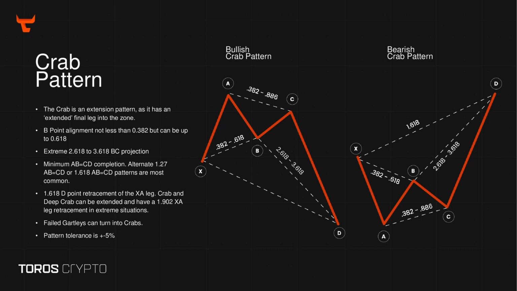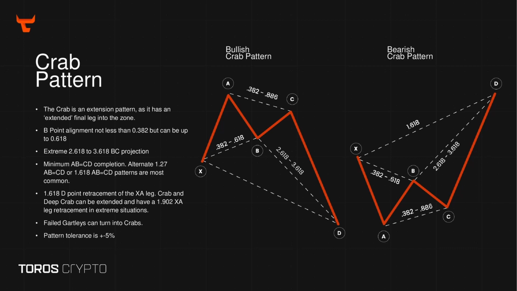So next up, we are looking at the crab pattern. The crab pattern is an extension pattern, and it can be very reactive in nature. The reason for that is the extended projection into the D leg. So you're looking at a 1.618 projection down into that.